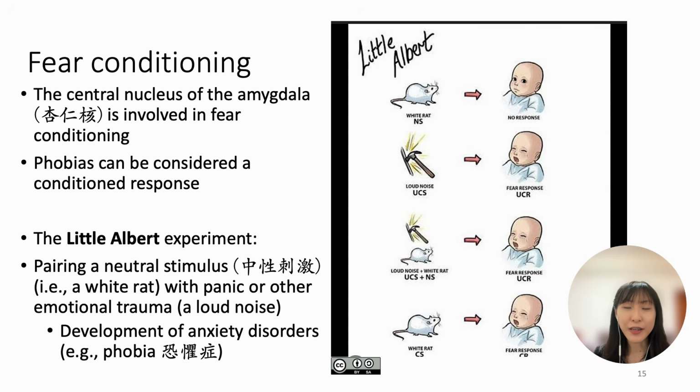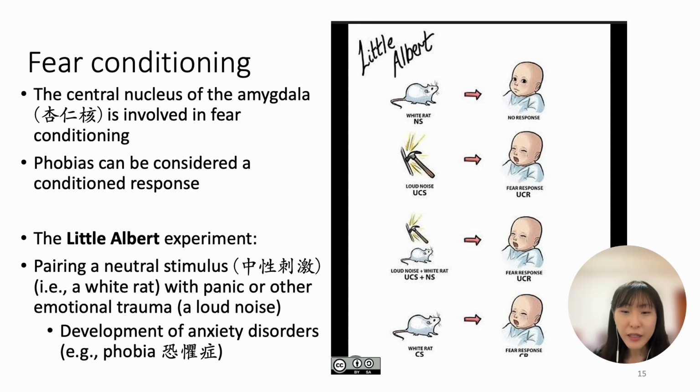Classical conditioning can also create conditioned fear responses. The central nucleus of the amygdala is involved in fear conditioning. And phobia, the irrational fear of things, can be considered a form of conditioned response. Let's look at the Little Albert experiment as an example.